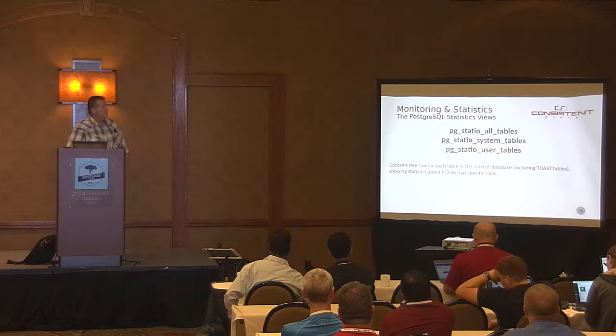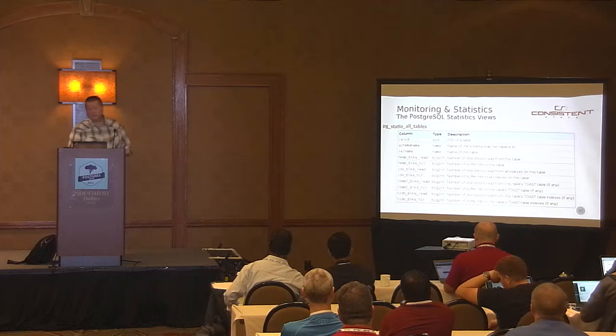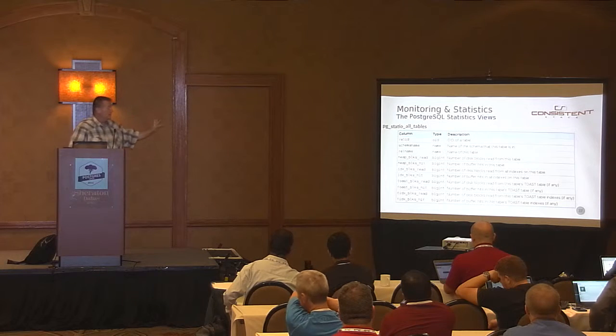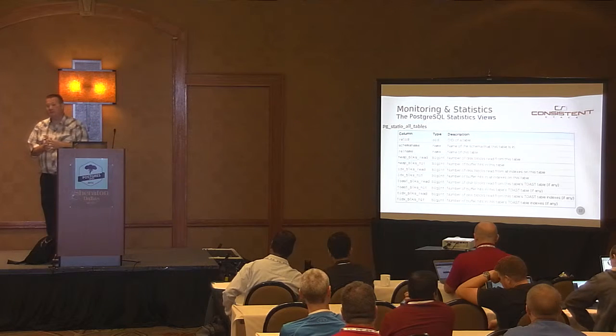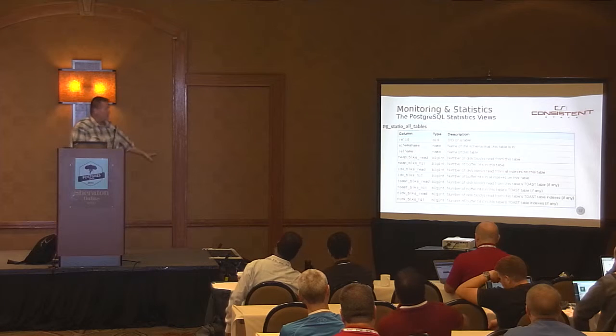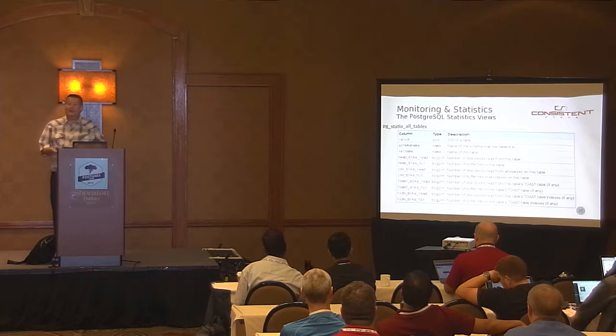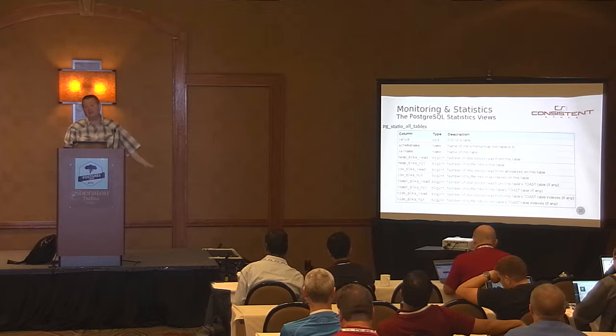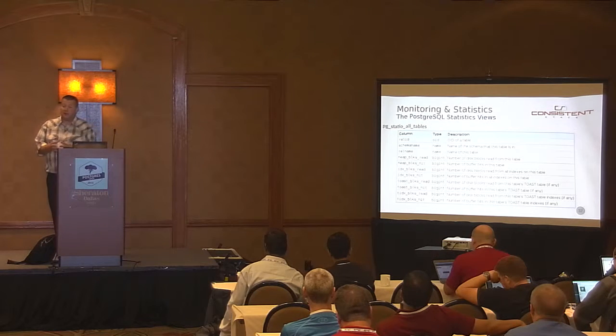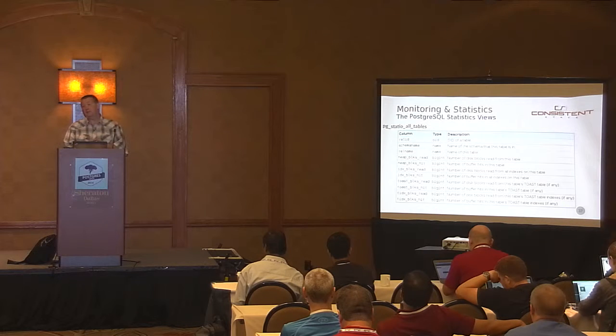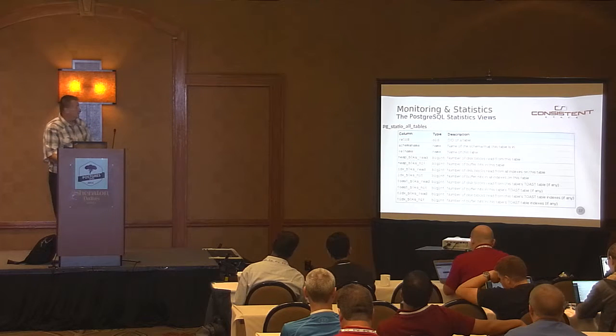We also have stat.io all system and user tables. This one is different in that it shows me IO particular statistics. The number of blocks read versus the number of blocks hit. Likewise with the PGStat database view, I can use this and I can figure out hit ratios per database if in fact that might be part of the issue I'm running up against.